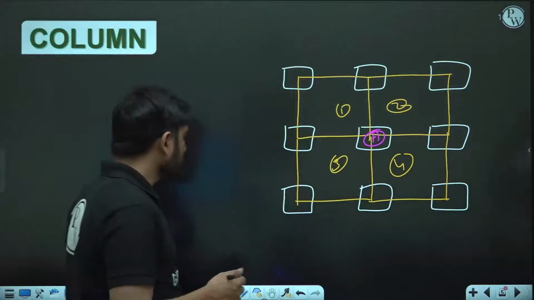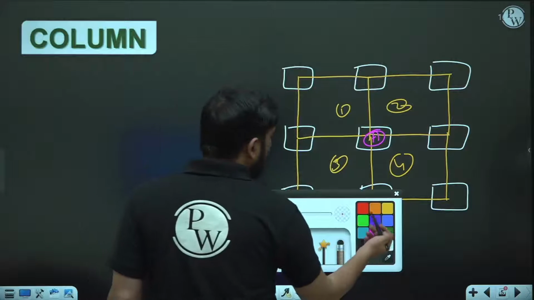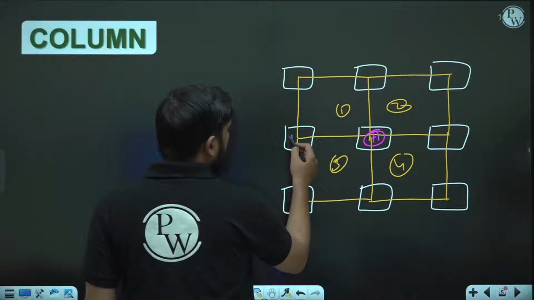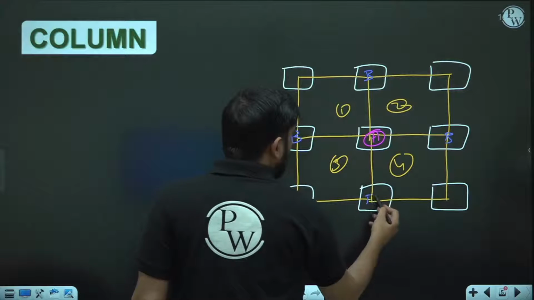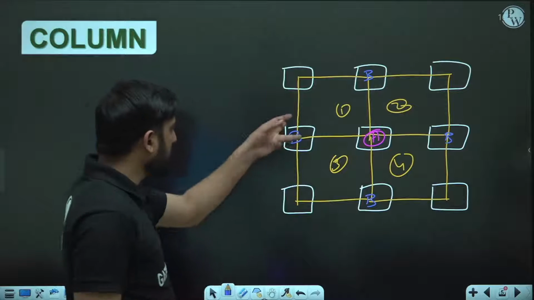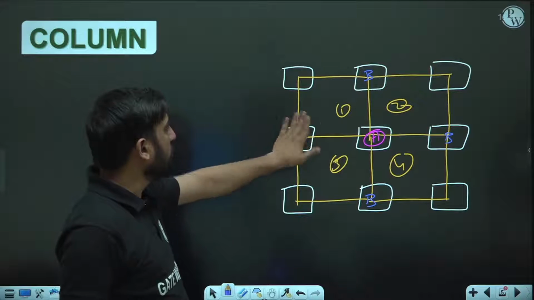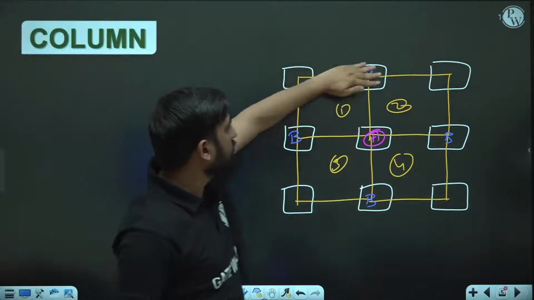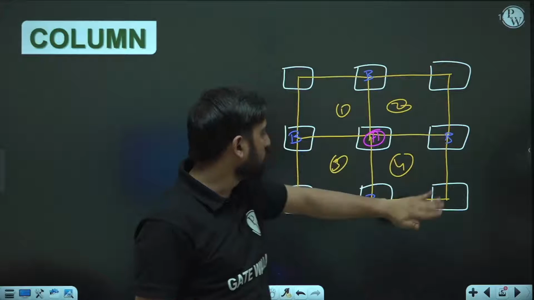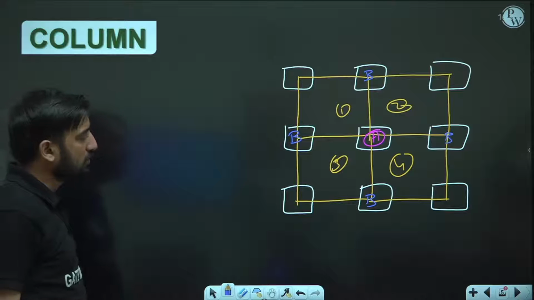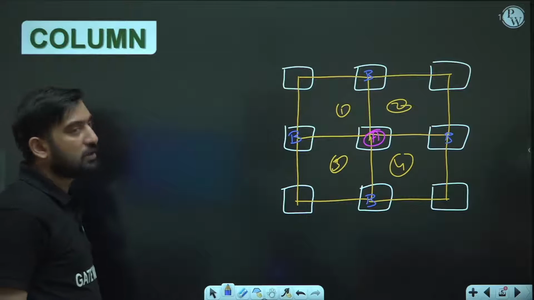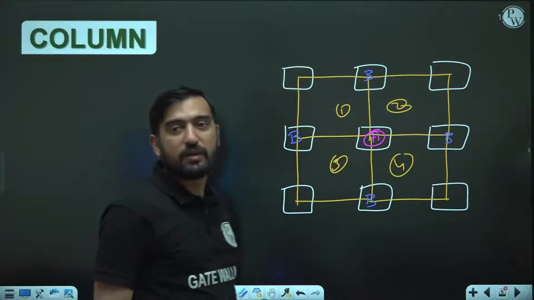But these other columns, apart from axial load, are going to have load only on one side. Due to that, these columns have a tendency to move in one direction, and they are known as columns subjected to axial load as well as uniaxial bending.